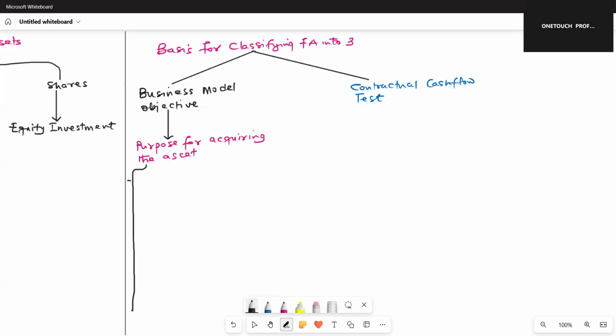I want to ask you a simple question. Those who have bought treasury bill before, I want to ask you the purpose. Why did you buy the treasury bill? What was the purpose for buying the treasury bill?